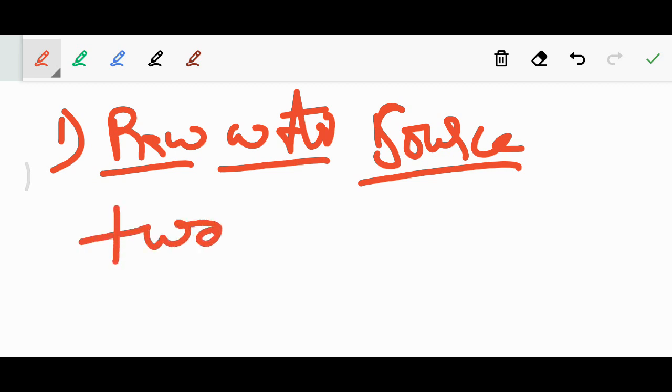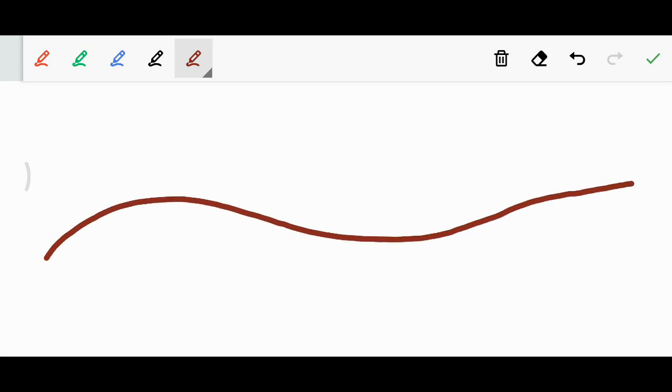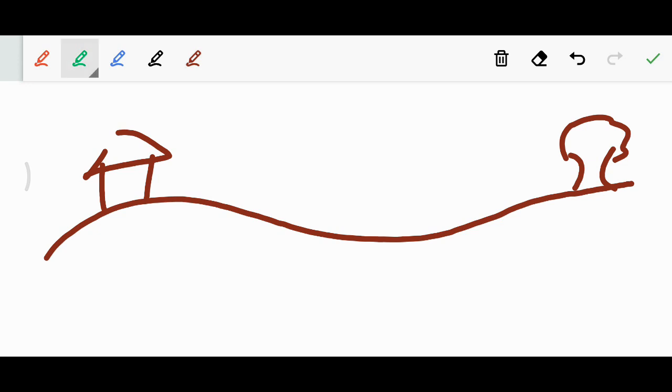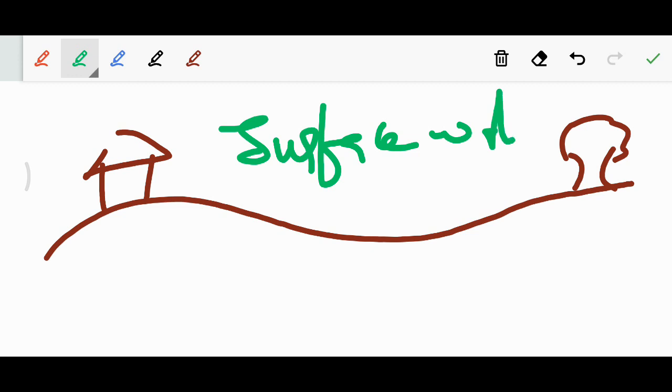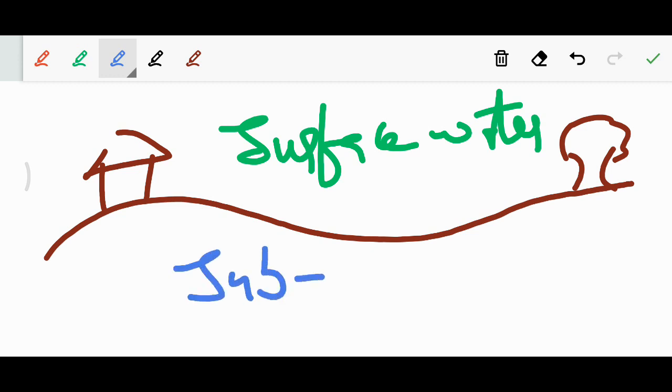Raw water source is classified into two groups, right? Imagine this is the surface of earth. So I'm going to classify into two groups. One is surface water and the second one is subsurface, right?